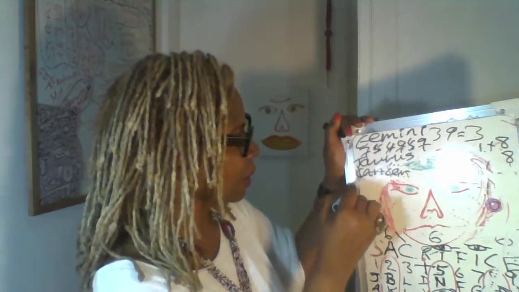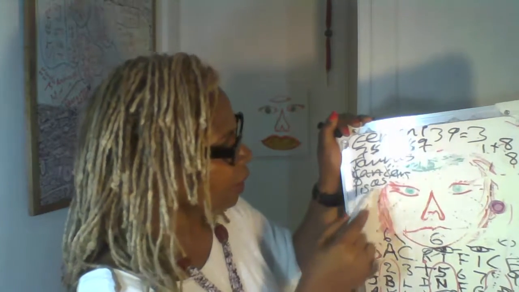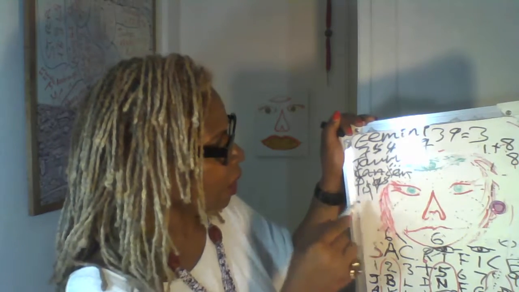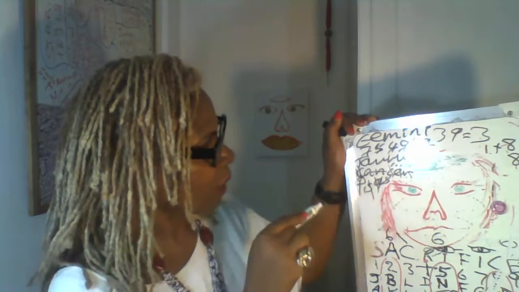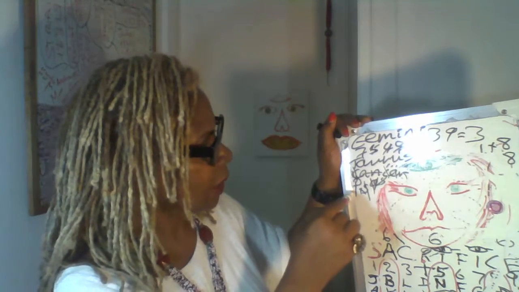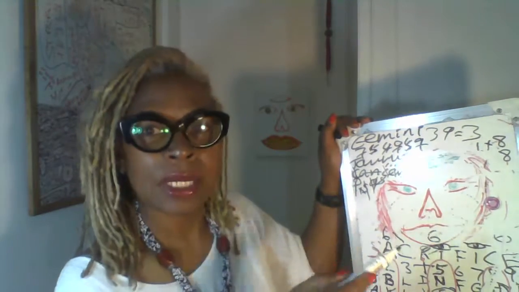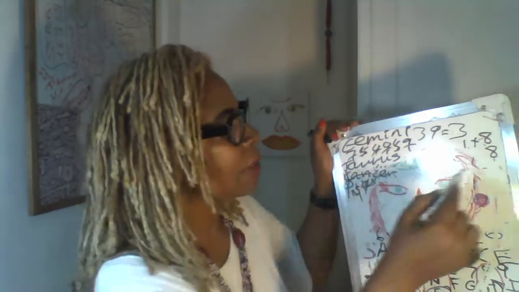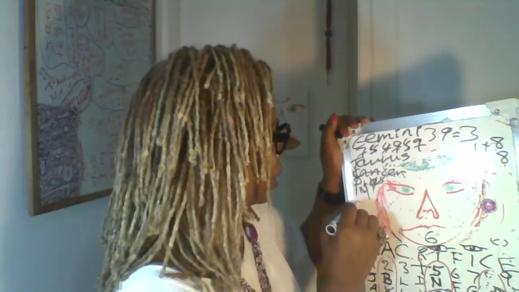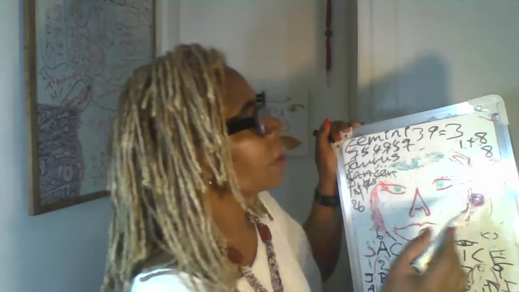And Pisces, this is 1 and 5, 6 and 3, 9 and 1, 10. 10 and 9, 19. And 7, 19 and 7, 26. So I must have made a mistake before, I think. 26. So this is also 8.